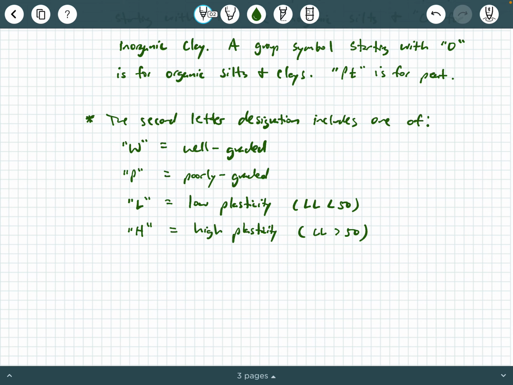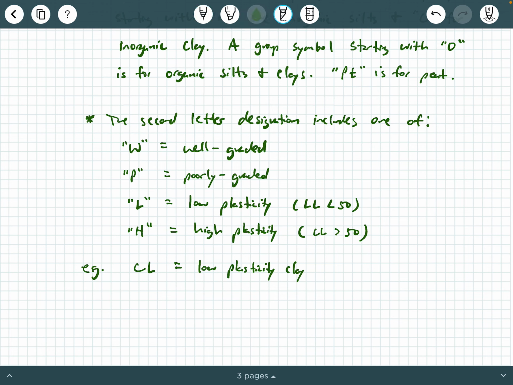Okay, so for example, a CL is a low plasticity clay. Okay, inorganic clay, specifically inorganic clay. An ML would be a low plasticity silt. GW will be a well-graded gravel, right? An SW would be a well-graded sand, so on and so forth.